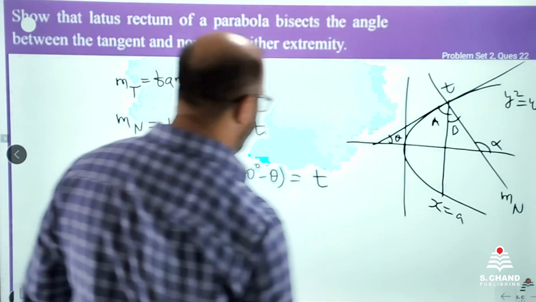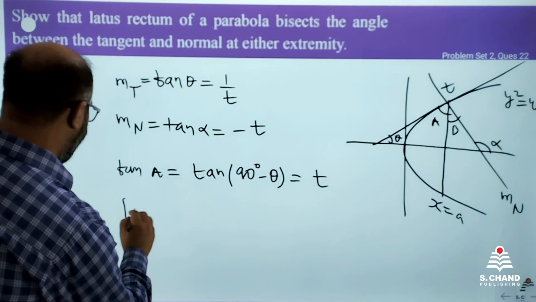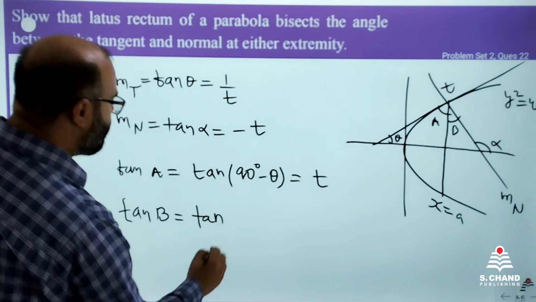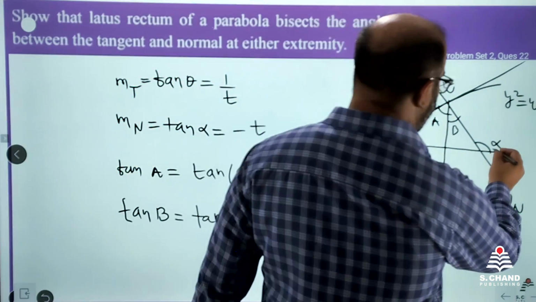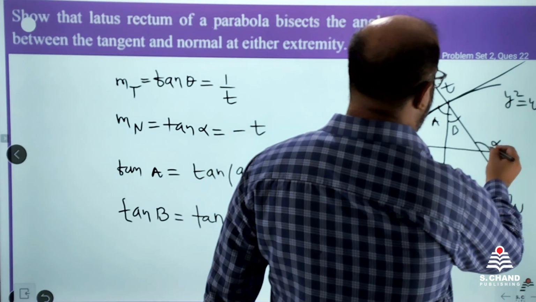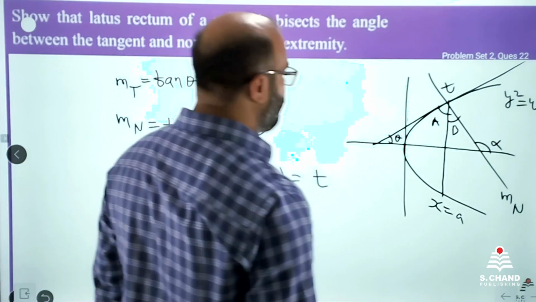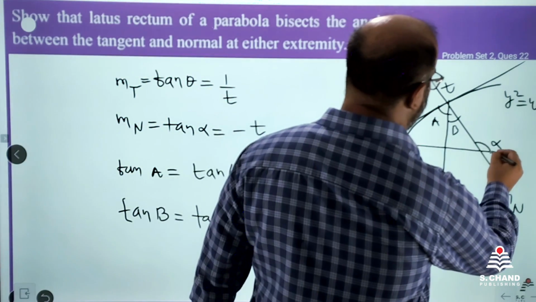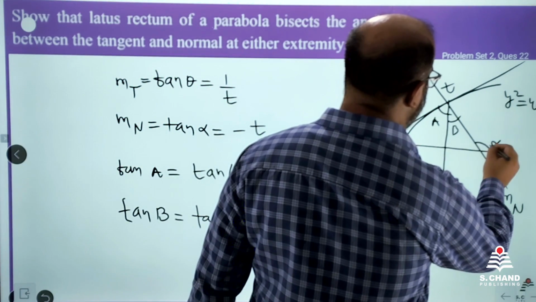And then we talk about tan B. So tan B is equal to tan of, if we talk about the angle alpha, then alpha minus 90 degree is B. Okay, exterior angle property of a triangle. So B plus 90 is alpha.